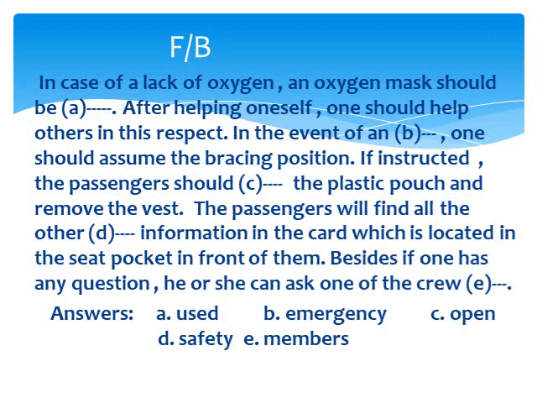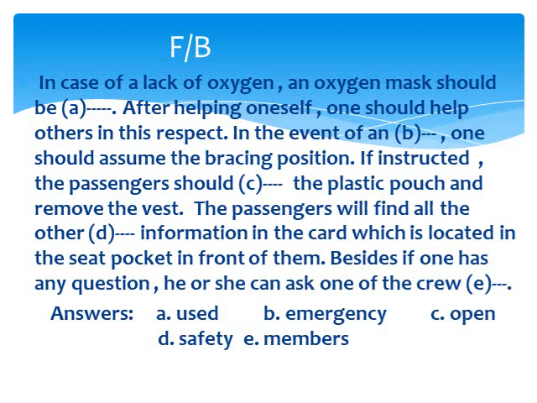If instructed, the passenger should open the plastic pouch. C number, open and remove the vest. The passengers will find all other safety information in the card. So the card is called safety card, where the safety information is written.